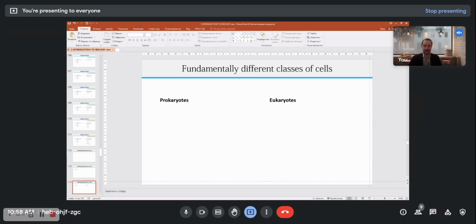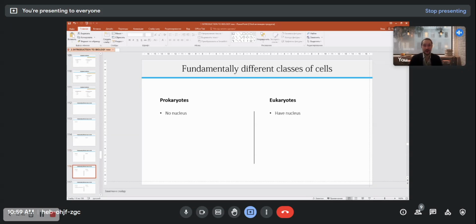And what are the differences between these two very big groups of cells, prokaryotes and eukaryotes? The major difference of prokaryotes from eukaryotes is that they do not have a nucleus. So a simple idea: if a nucleus is not present, we call the cells prokaryotes. If a nucleus is present, we call the cells eukaryotes.